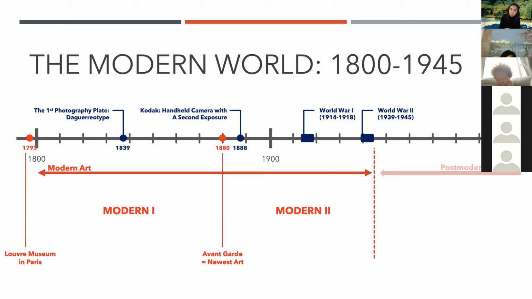They invented the portable camera, and everyone could record their mundane life. So artists needed something new rather than realistic art. That art movement is called avant-garde, meaning newest art. So after the avant-garde, art history began to write a totally different story.